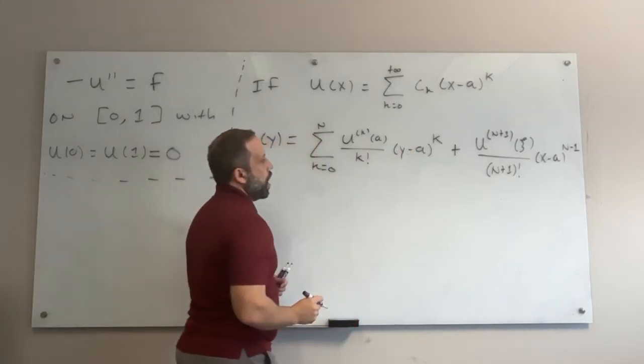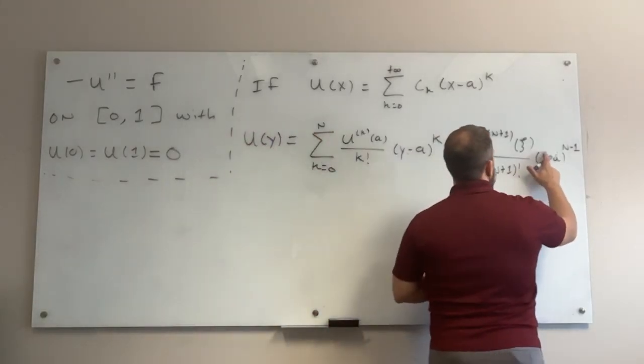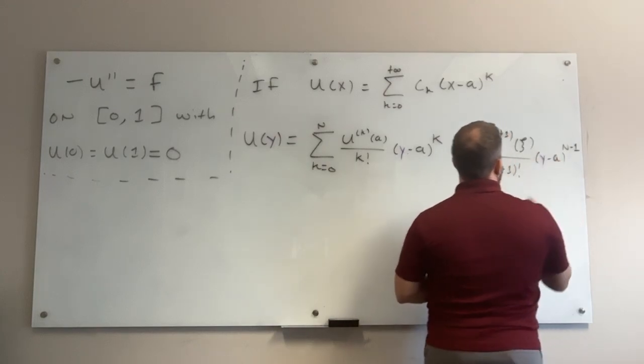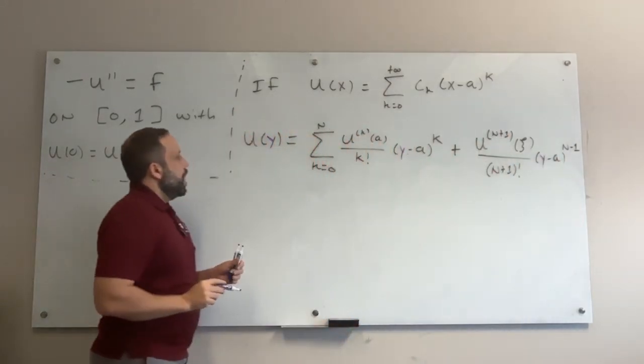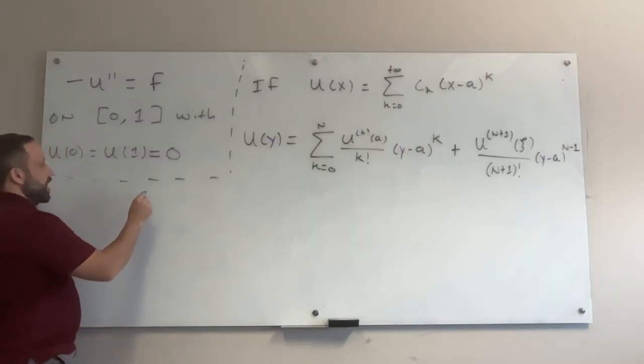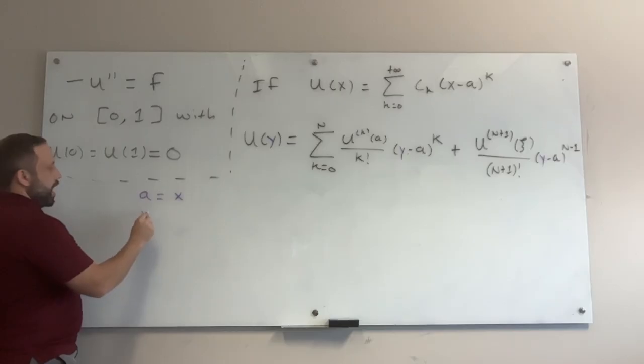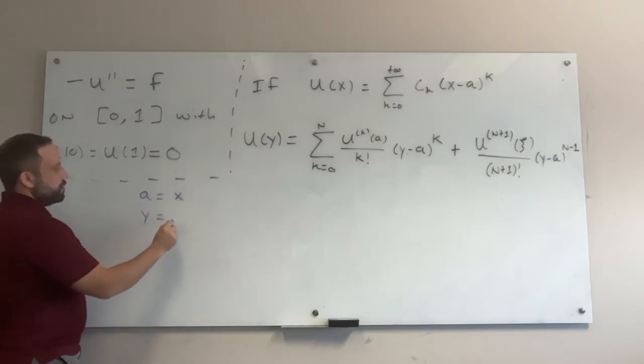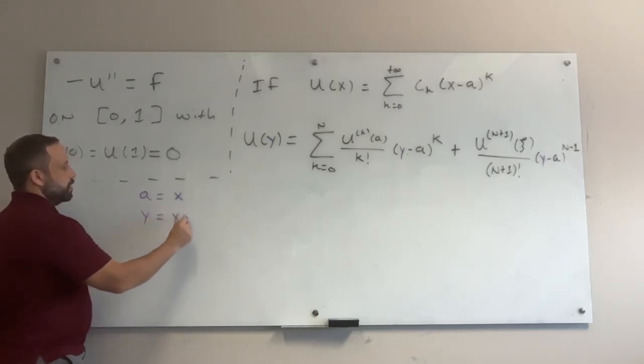So this will be y here, and this will be y here. Okay, and how we want to apply this is we're going to say that a is going to be equal to x, and y is going to be equal to x plus h.